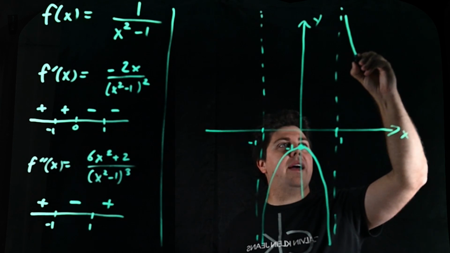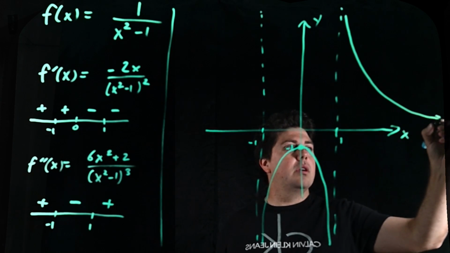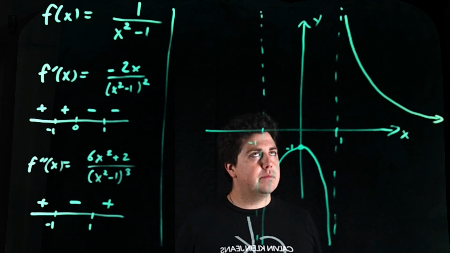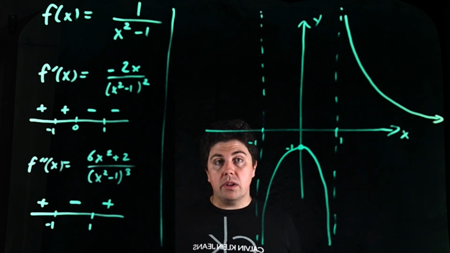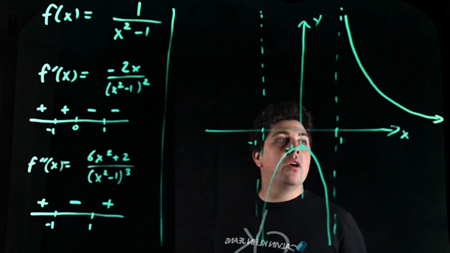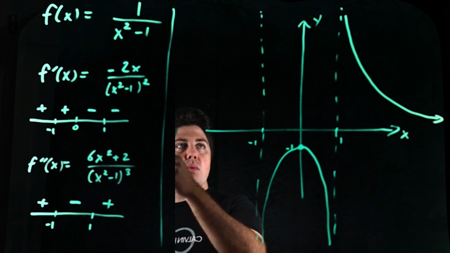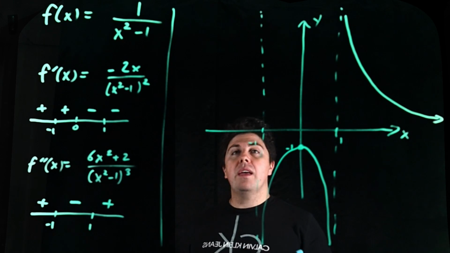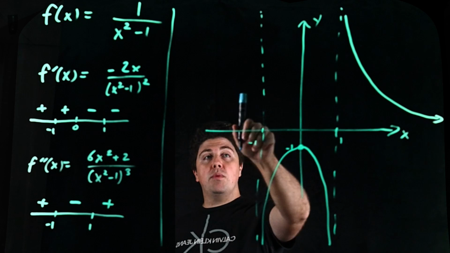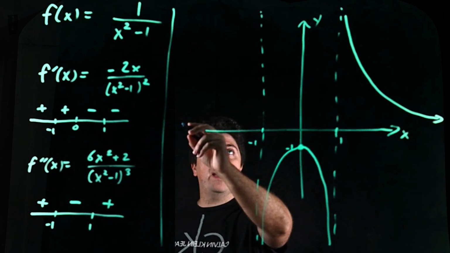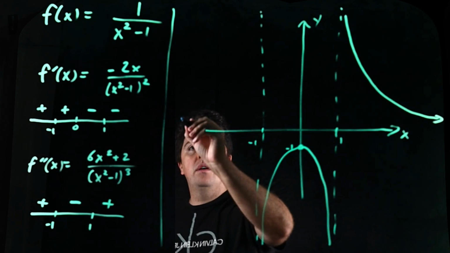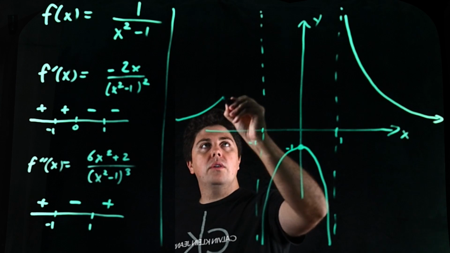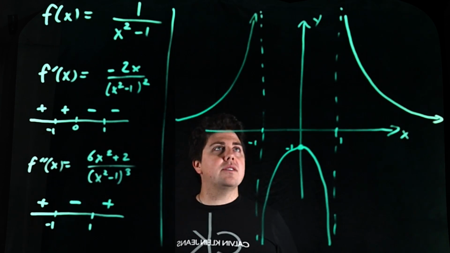So the function's going to have to look something like this. Okay? And similarly, less than -1, we're again concave up, so it has to be a scoop up shape. The function is increasing, and since we're increasing as we approach a vertical asymptote, the limit's going to have to go up to infinity. So the graph's going to look something like this.